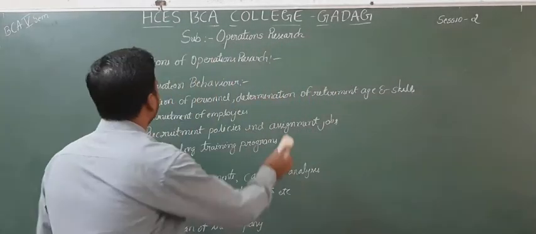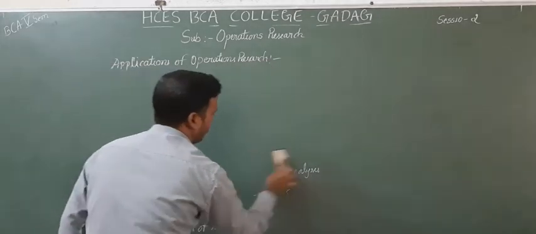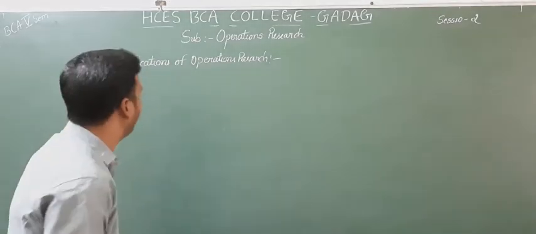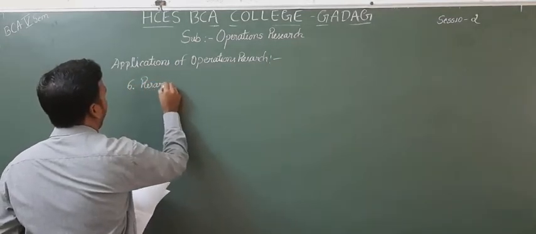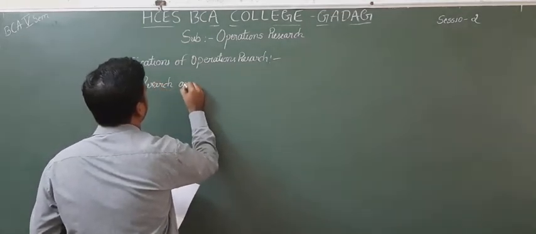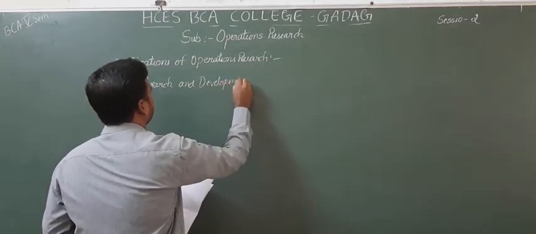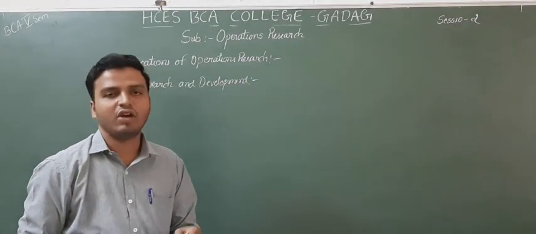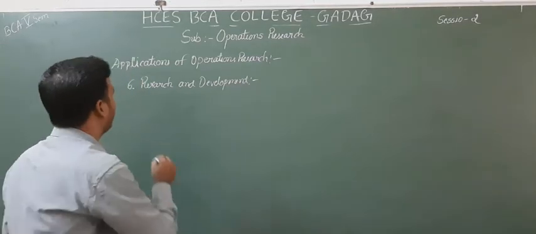The next area, the sixth one, is research and development. In research and development, we have some control over different R&D projects.